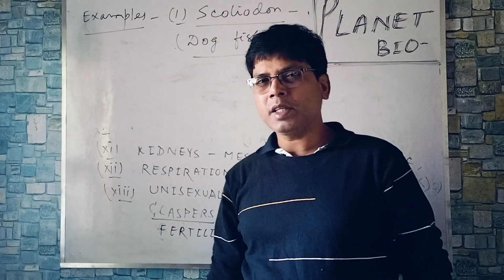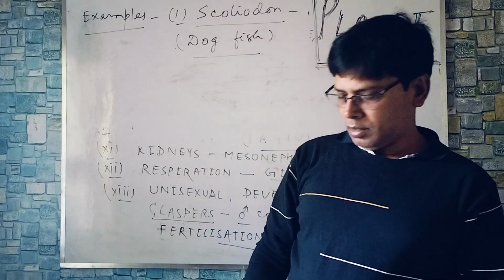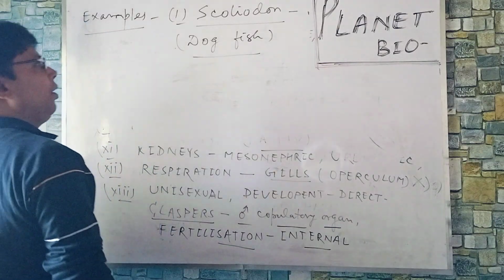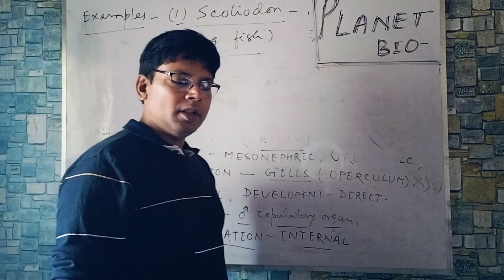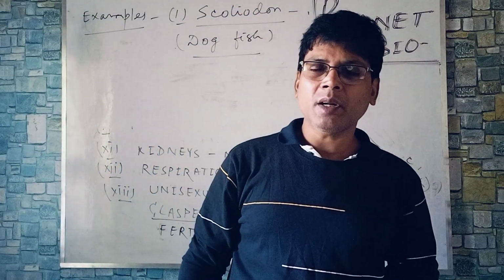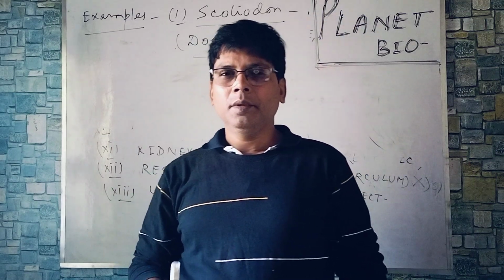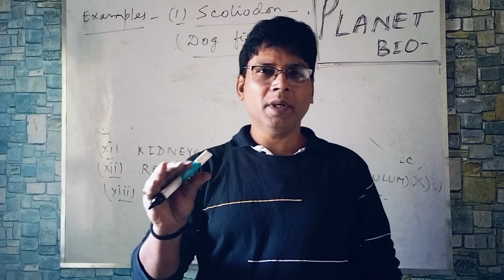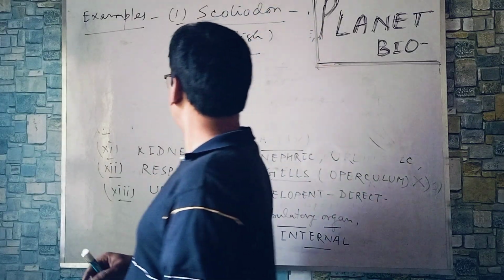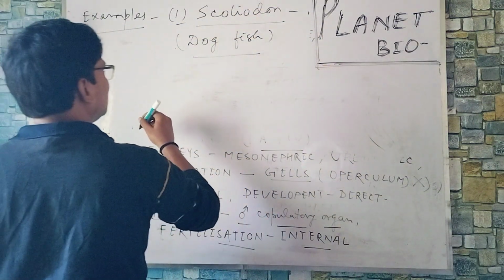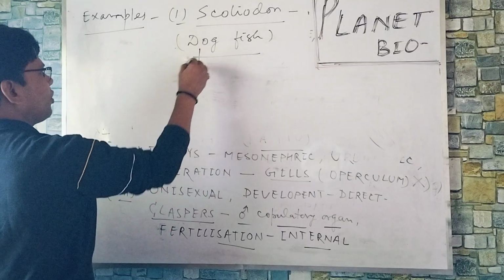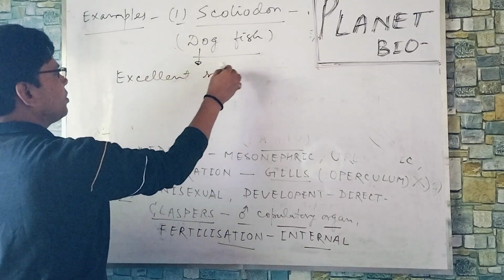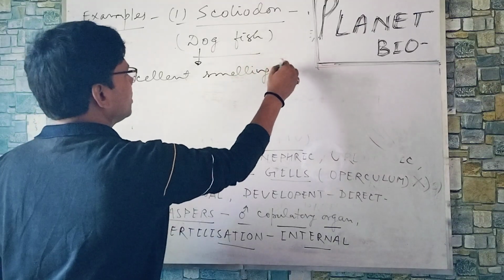No, it has excellent smelling power like a dog, dogfish. And one more thing, it has got a special type of thermoreceptor that is called ampulla of Lorenzini. पता चल जाता है कहाँ पर गर्म है कहाँ पर नरम है. ये बड़ी अच्छी बात है. Scoliodon, dogfish. So dogfish, why? Excellent smelling power like dogs.